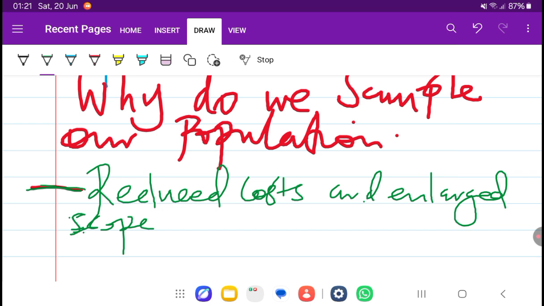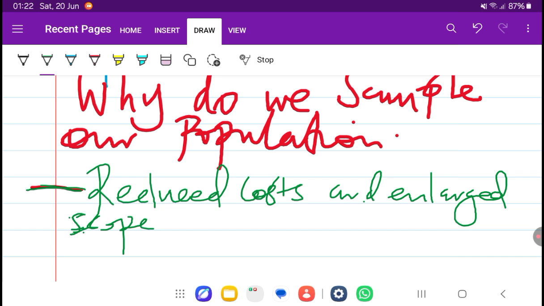Then I also do the same for the other country, and you'll find that I have interviewed the whole of East Africa, but I have just picked out samples from each of the countries, and it costs me less than if I were to interview every person within East Africa. So that's the reduction in costs and the enlarged scope that we are talking about here.